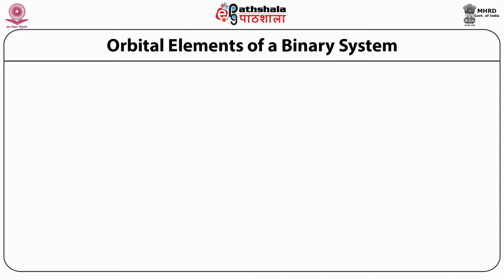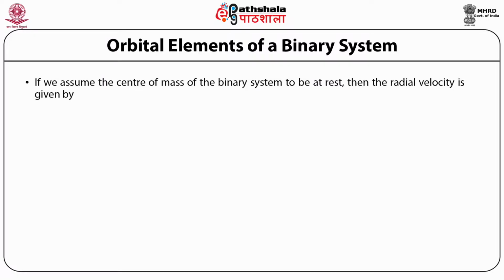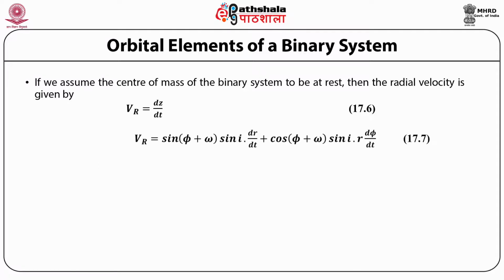Velocity curve. If we assume the center of mass of the binary system to be at rest, then the radial velocity is given by Vr equal to dz by dt, where Vr equal to sin(phi plus omega) sin I dr by dt plus cos(phi plus omega) sin I multiplied by r dphi by dt.